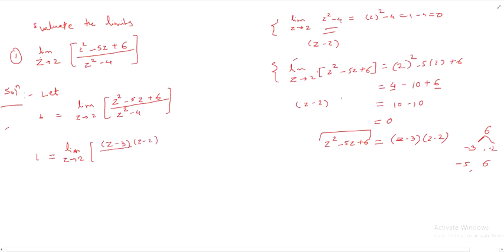If you look at the denominator, z square minus 4 is a square minus b square, because 4 is also a complete square, that is 4 is equal to 2 square.